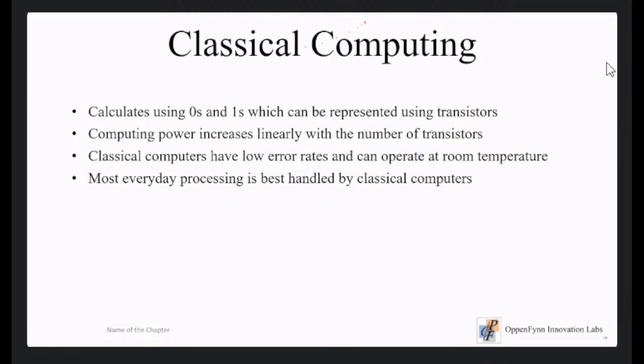I've written this here because you will see that in the case of quantum computing, computing power increases exponentially with the number of qubits. That's one of the biggest reasons for the speed up that quantum computers can give us. The details will come later for why classical computing increases linearly, whereas quantum computing goes exponentially with the number of qubits.